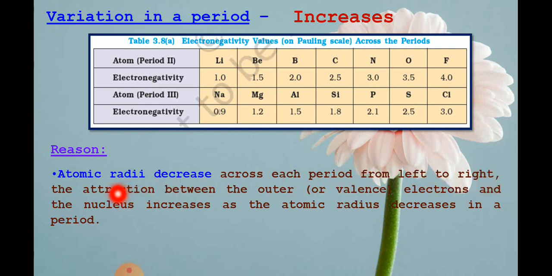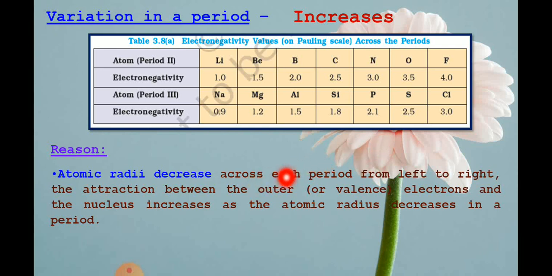As the atomic radius decreases, as the size decreases, the attraction between outer or valence electrons and the nucleus increases. As the size becomes smaller and smaller, the attractive power between the central positively charged nucleus and the outermost electron increases.